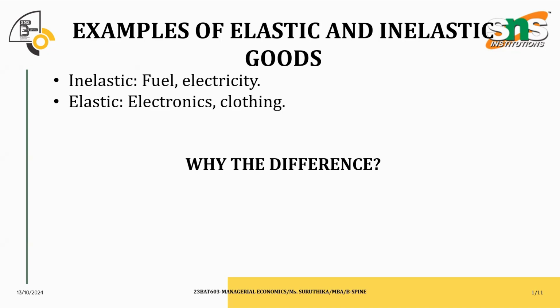Electricity charges just vary once a year, or once in 2 or 3 years. Whereas when it comes to electronics, clothing, etc., every day there's a difference in price. Every day there's a difference in demand. Even morning and evening, there's a huge difference. So why do you think this difference is there? I'll leave this question to you. Ponder over why there is a difference in elasticity for different categories of products.